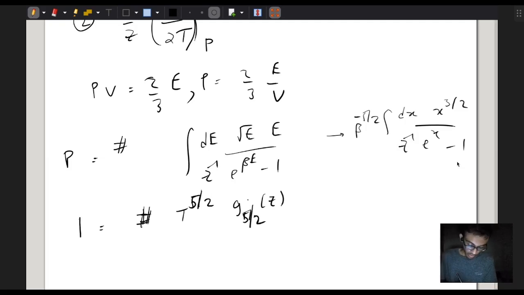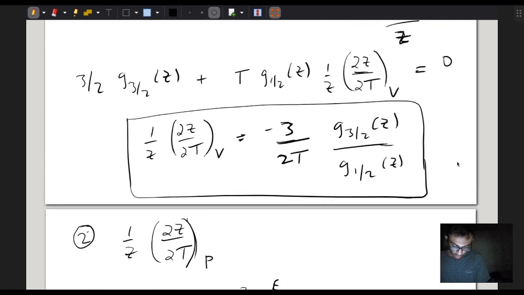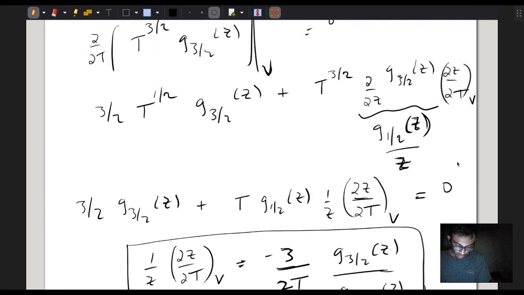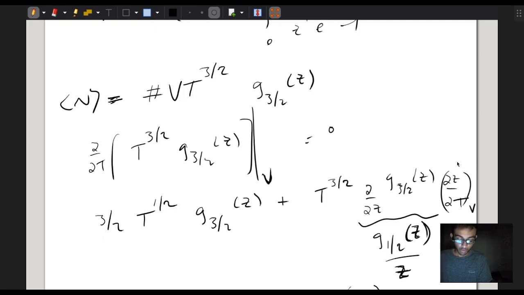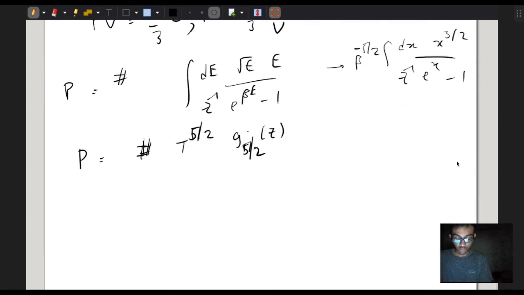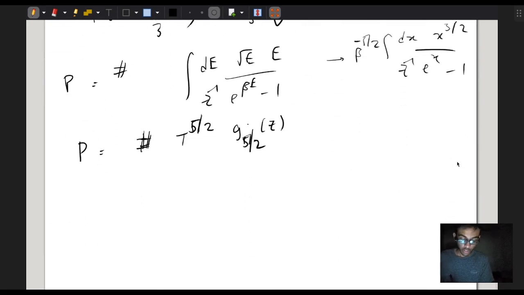This looks very similar to the particle number equation. Here the density is proportional to T to the 3 by 2 times g 3 by 2 of z. Here it is T to the 5 by 2 times g 5 by 2 of z.